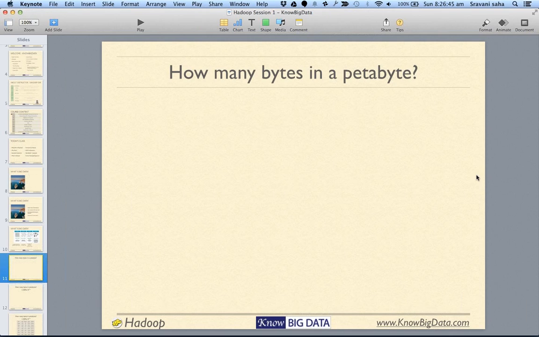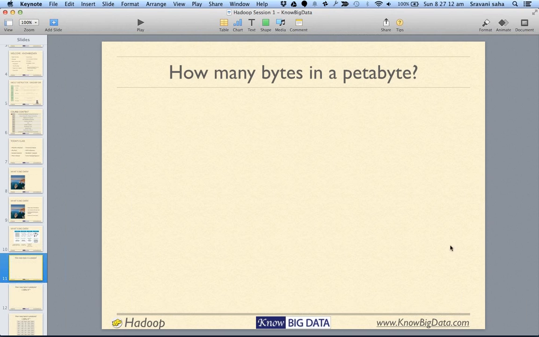1024 gigabytes. That is terabytes, Hariharan. Okay, Rajgopal says 1024 terabytes.